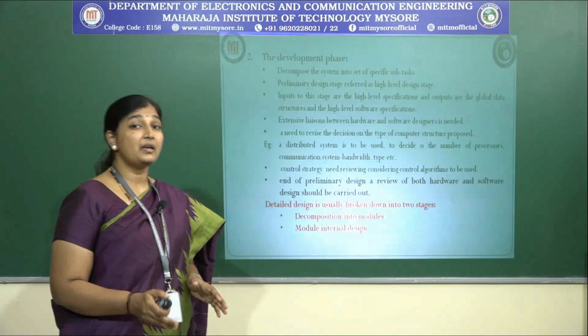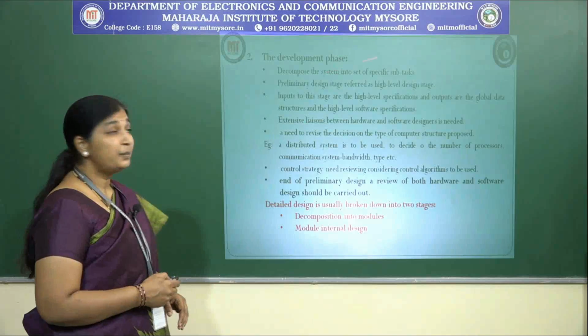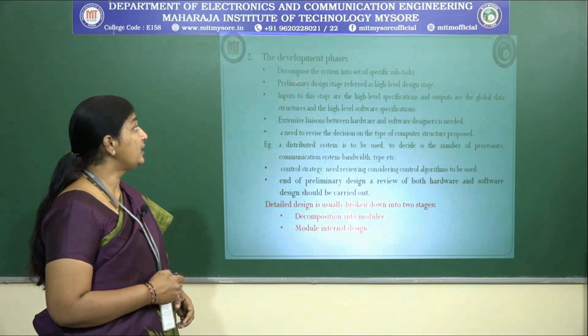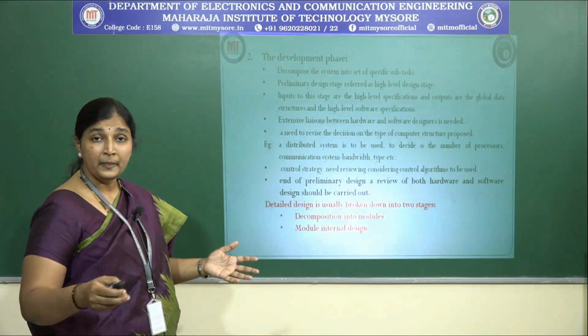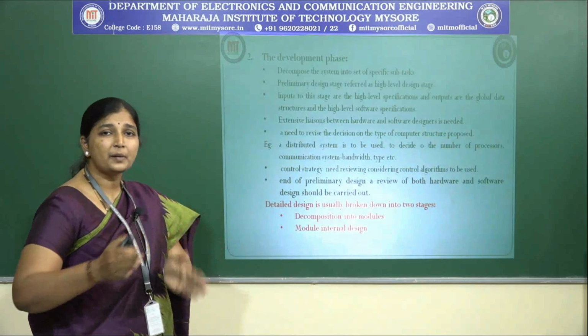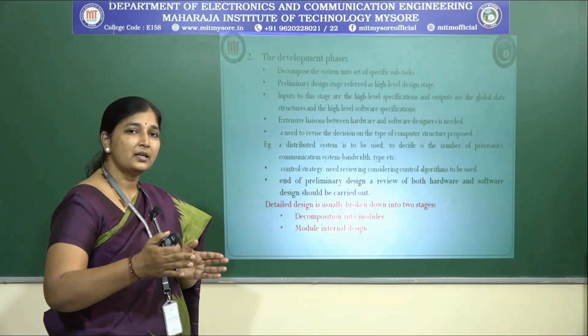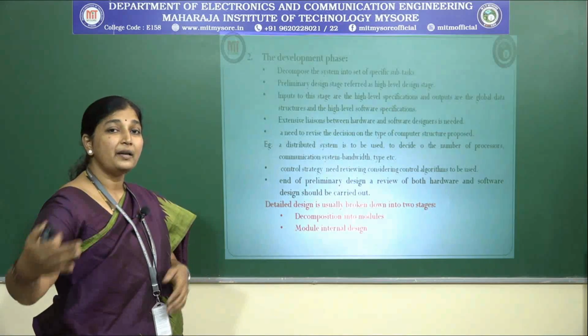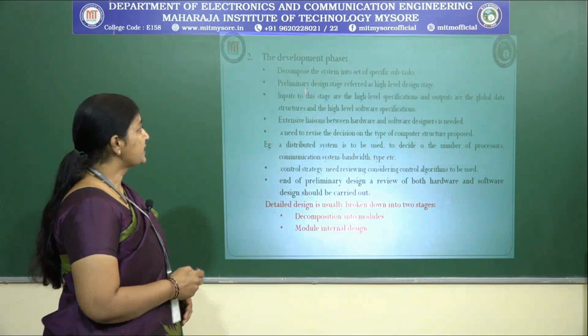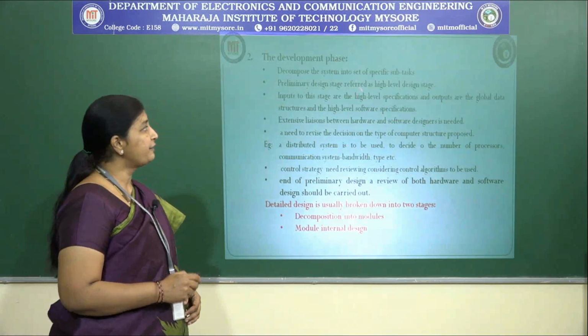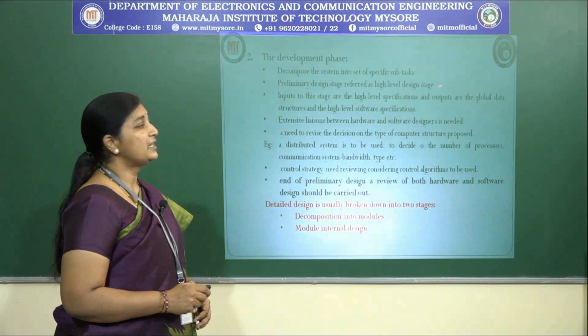Now the same way here, when you're taking a developmental phase, what is done? A decomposition of the entire system, and you're setting it into small sets of subtasks. Okay, so if you're able to develop those subtasks, all the subtasks lead to a final module. Okay, next, the preliminary design stage, referred to as the high level design stage.